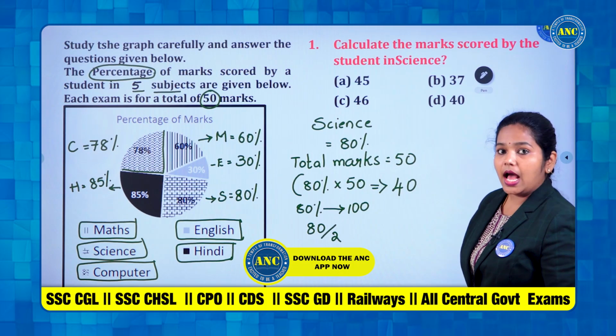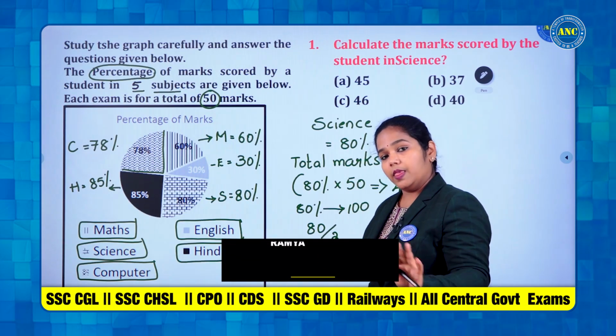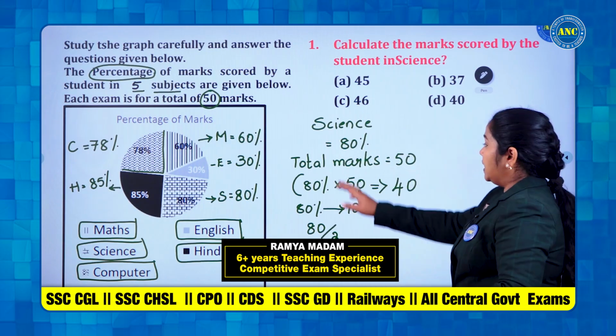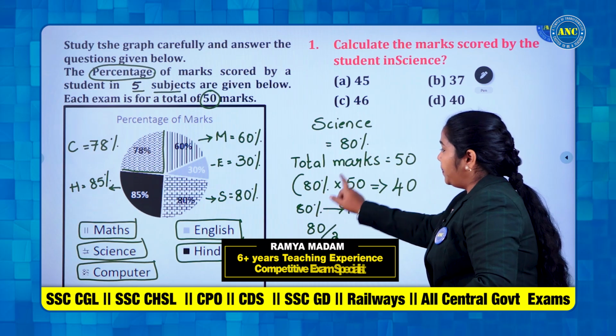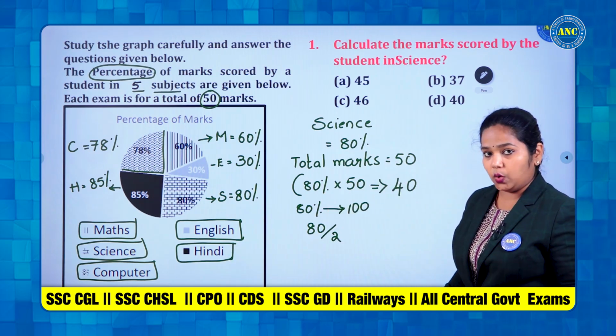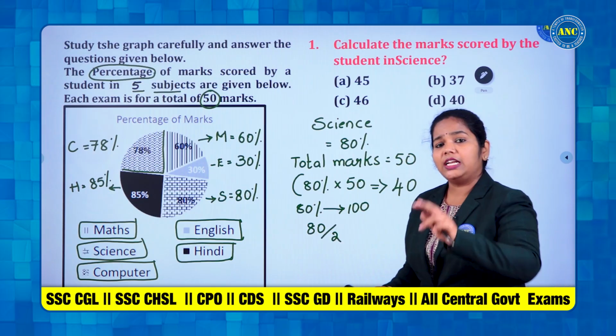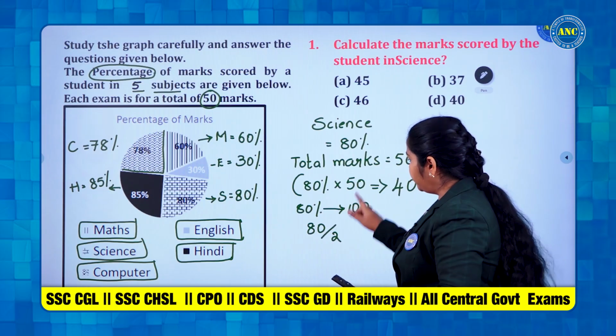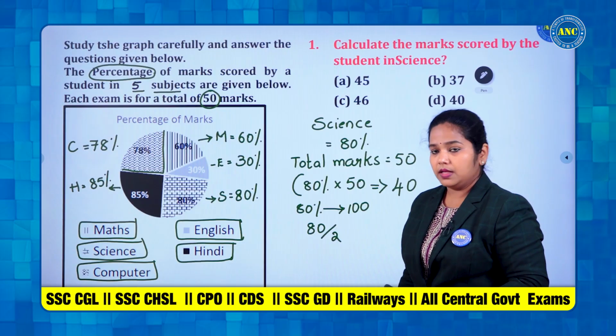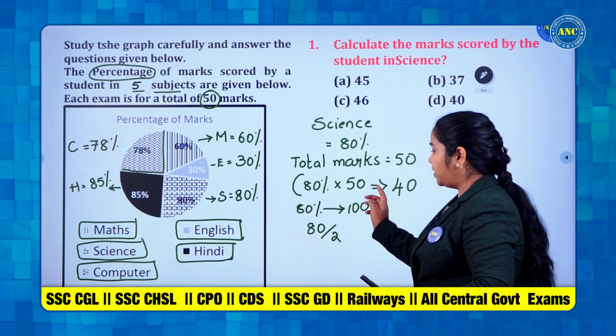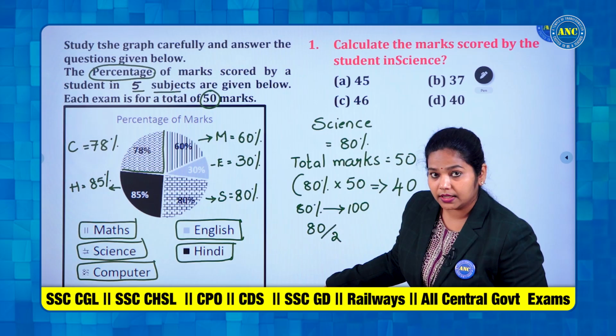Yes. Are you all with me? Is the point clear? Rather than taking 80% of 50, what I took is, if 80% of 100 is 80, 80% of 50 will be, 50 is half of 100. So obviously 80% of 50 will be half of 80.